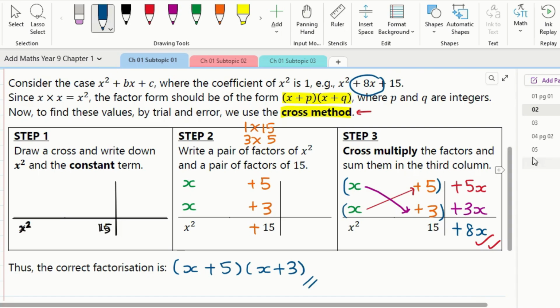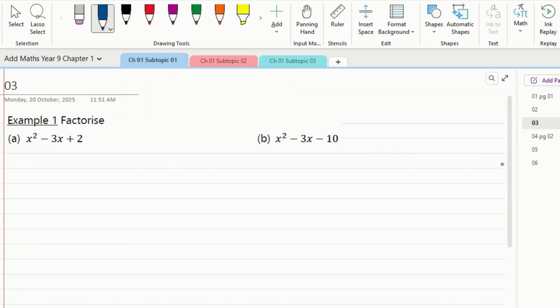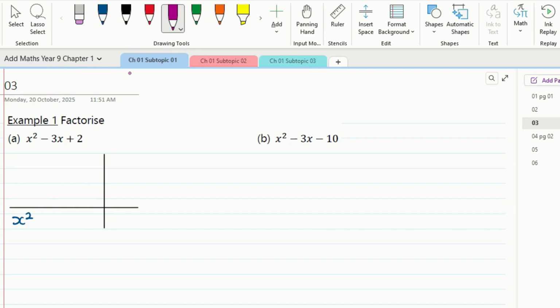Alright, now let's move on to a few examples that I can show you over here. So let's move to factorizing a, x squared minus 3x plus 2. So the first step is going to be prepare the cross and put in the first term x squared at the bottom part of the column, and then the second number is going to be the third term, which is the constant, plus 2.